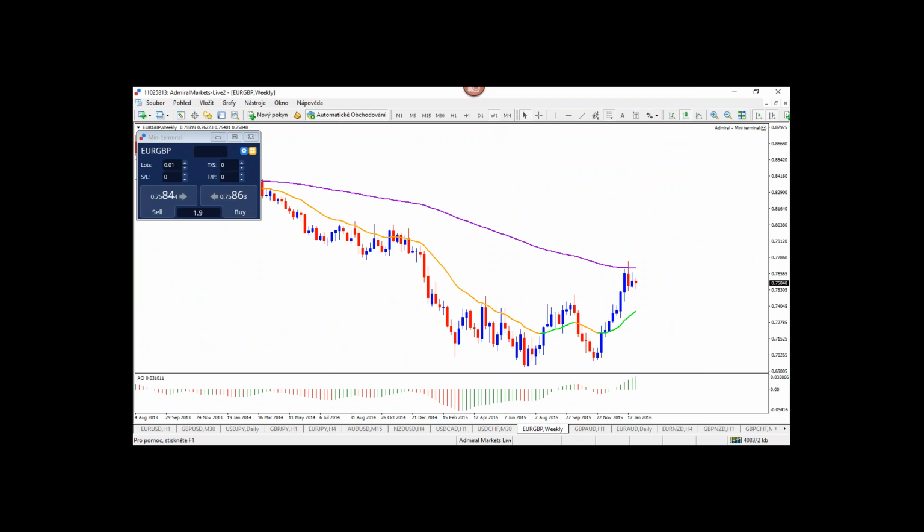Triangle going on now on the daily. I think probably these trend lines are the most important, I would say. I think we need to break above the 21 EMA and these resistance trend lines.